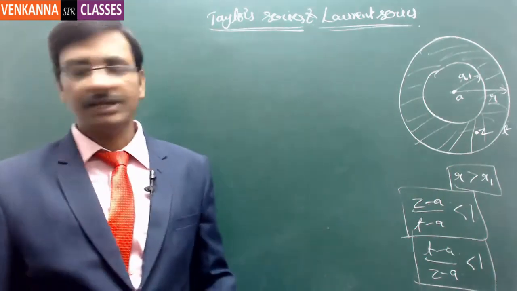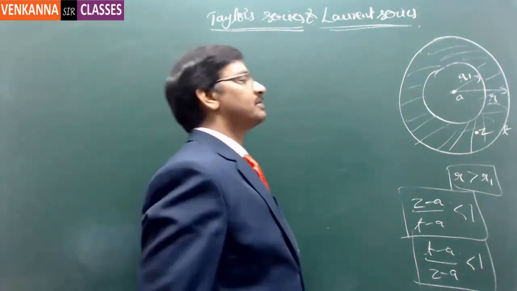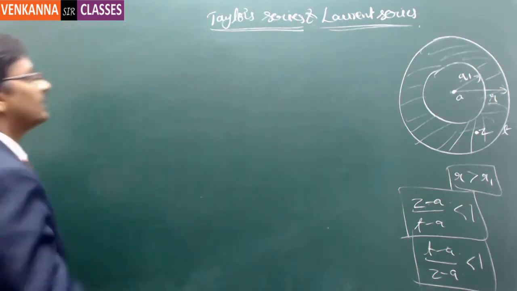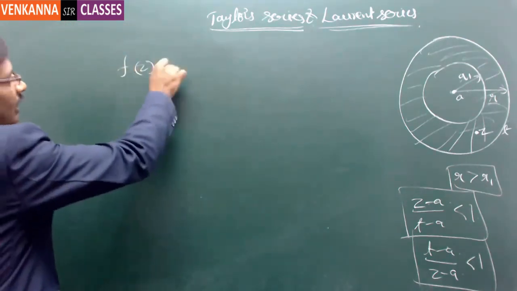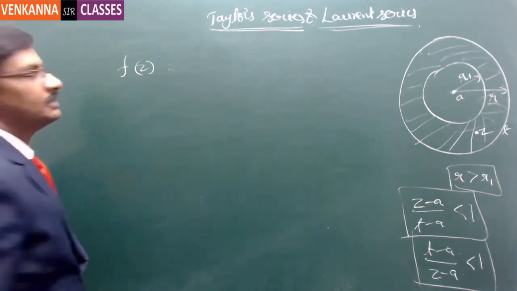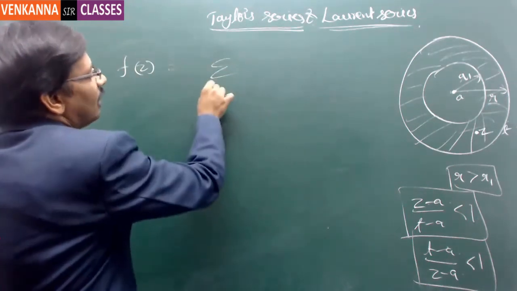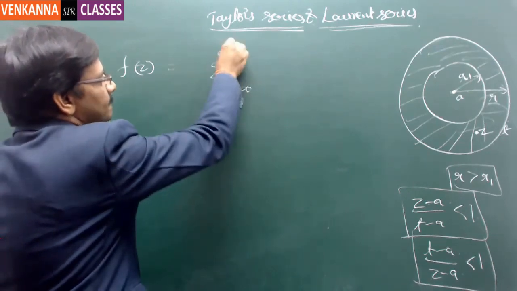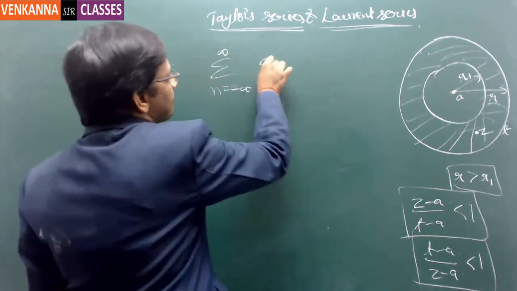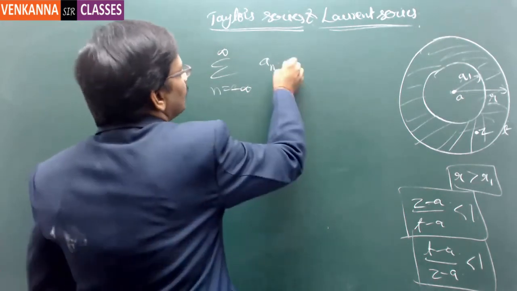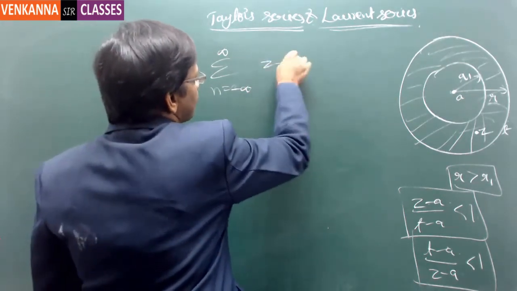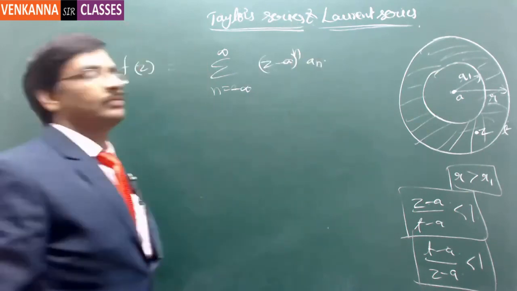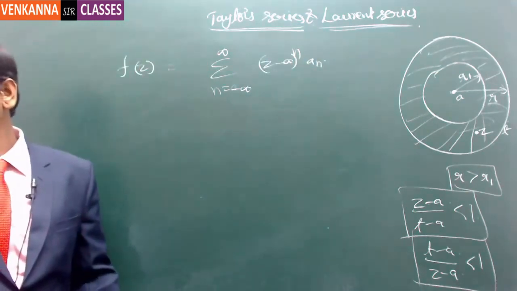So that's the reason in the Laurent series expansion, if it is bounded between two different ring shapes, then the Laurent series f of z for any random z within the analytic region can be expressed as sigma n equal to minus infinity to plus infinity a n into z minus a whole power n. Got it?